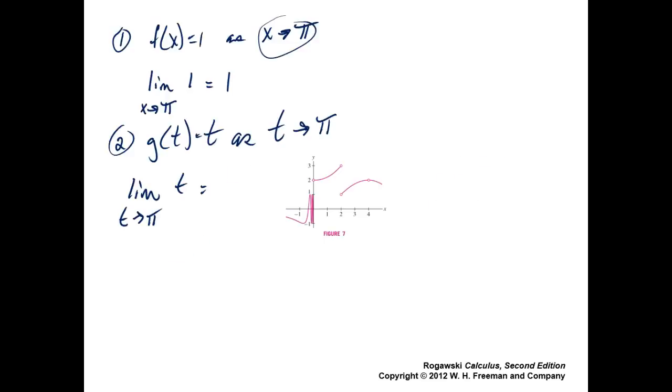Whoa. What would that be? A little louder? I'm hard of hearing. That would be pi. Because t is equal to pi, as t approaches pi, t is equal to pi. Almost redundant. Okay, number 3.